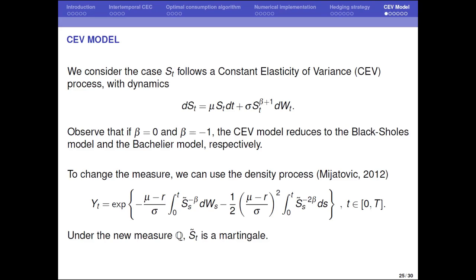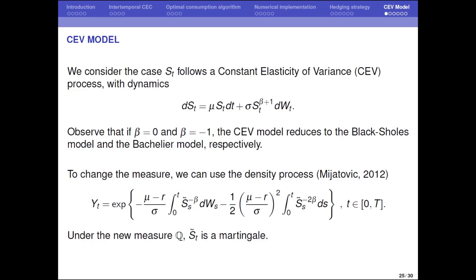In this part we assume S_T follows a constant elasticity of variance process with these dynamics, where the important parameter here is beta plus 1, and that is the exponent of the stock.